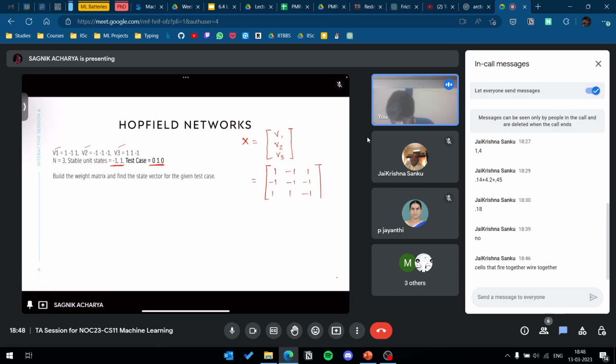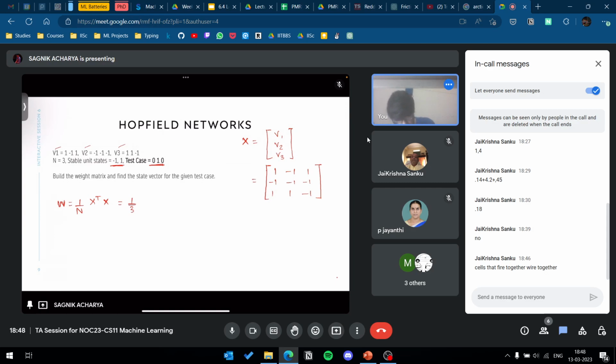Now the weight matrix for a Hopfield network is given by 1 by n times x transpose x, right? So we have to do this. Here n is 3, since I have 3 inputs.